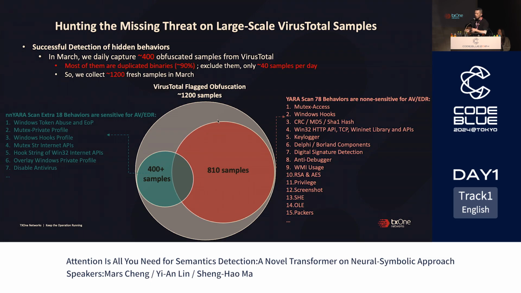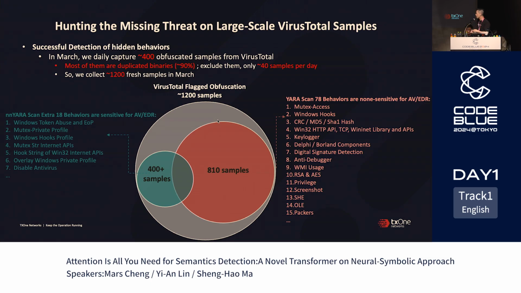We found that if you use traditional YARA rules to directly scan those fresh binaries, the signature-based scan can only detect around 78 different behaviors, and those behaviors are insensitive, for example using the UPX packer, screenshots, or a keylogger. So you can just use YARA rules to scan them directly.